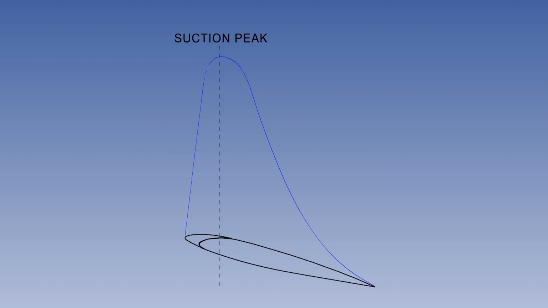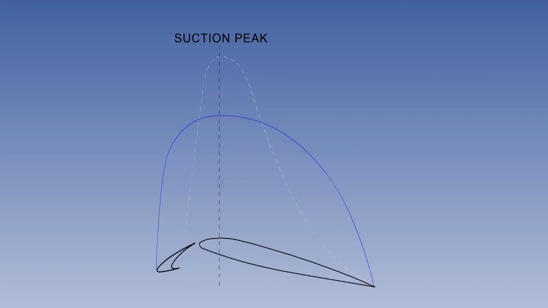Here we can see a sketch of the low pressure area on the top of the wing, with the aircraft at a high angle of attack. Suction is reduced towards the trailing edge because of minor airflow separation. When slats are driven open, we know that the increased boundary layer kinetic energy reattaches the airflow. The low pressure area becomes more evenly distributed, but the total area changes very little.